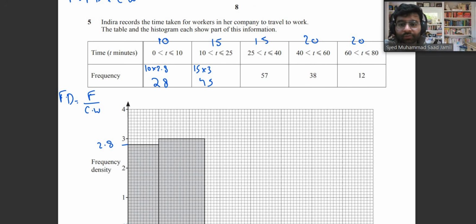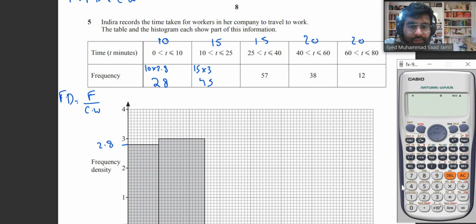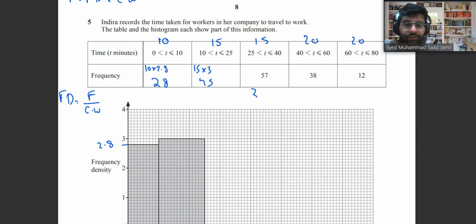So for the first, frequency which is 57 divided by class width 15, I get 3.8. So frequency density is 3.8.